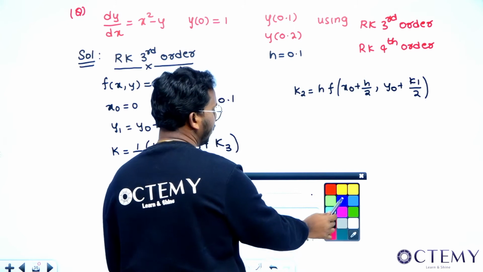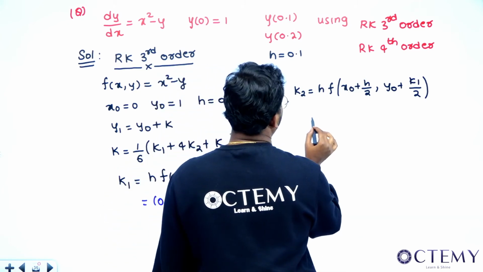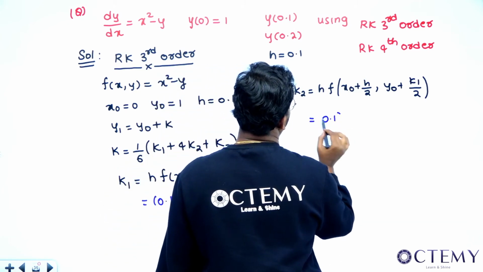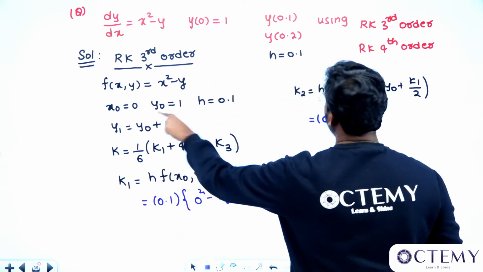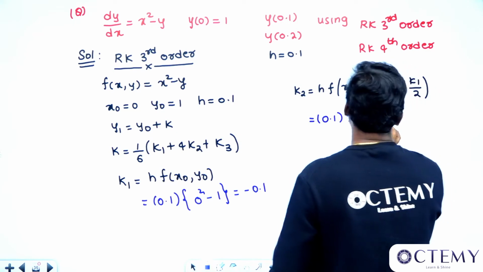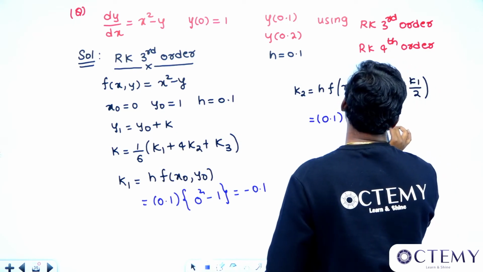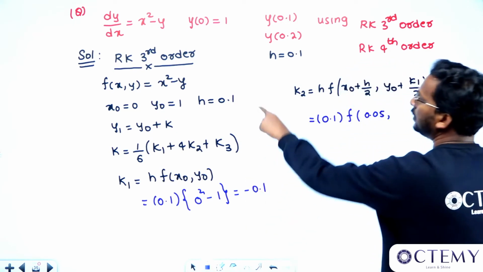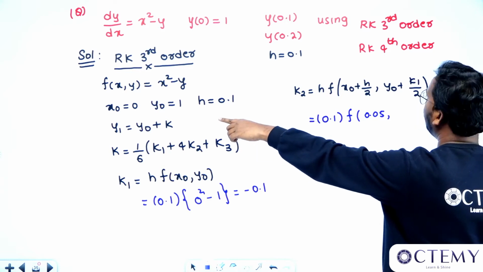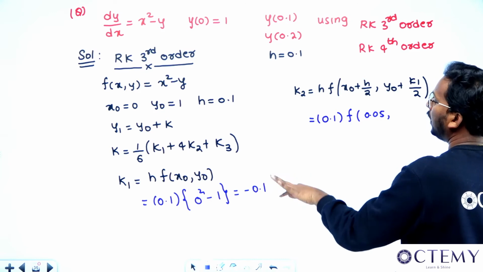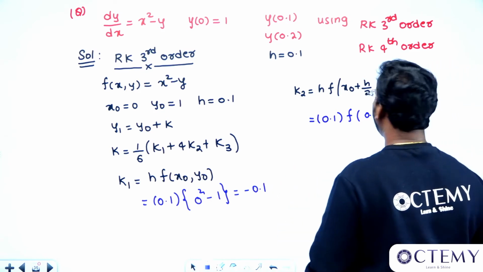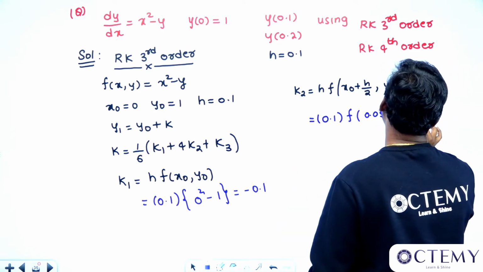Let us apply it. h is 0.1, and f of x0 + 0.1/2, which is 0.05, comma y0 + k1/2, which is 1 minus 0.05, so 0.95.